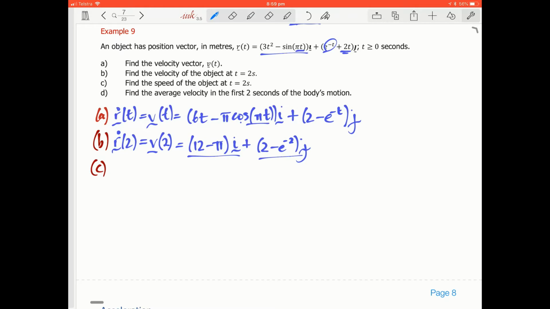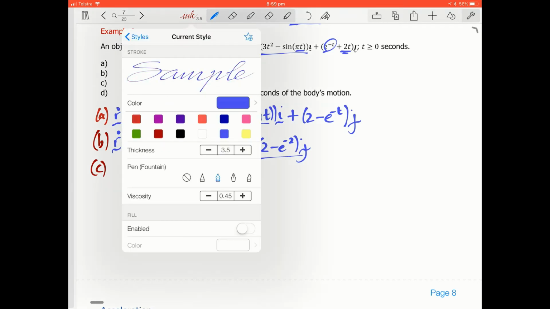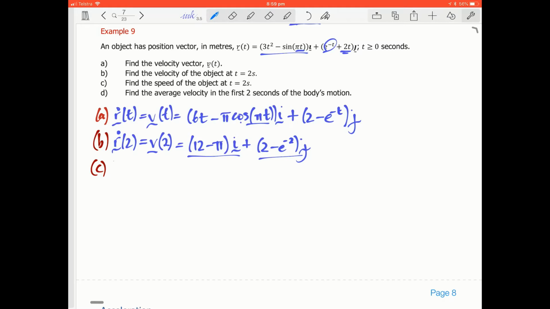Okay, next we want to find our speed. And we know that our speed is our magnitude of our velocity. So when we dot our i component with itself, we'll get 12 minus pi squared. When we dot our j component with itself, we'll get 2 minus e to the negative 2 squared.